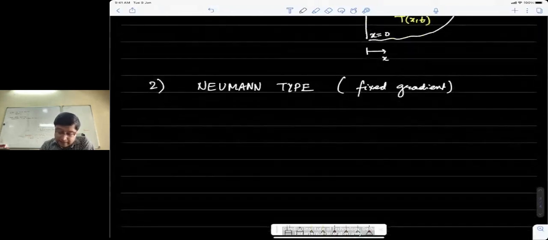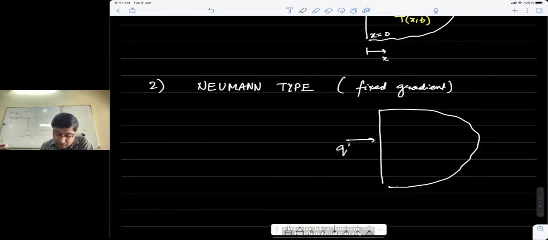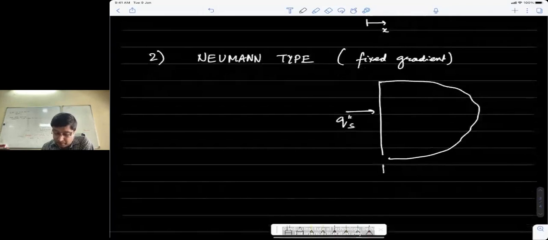Gradient would mean that, going back to the same sketch of that solid, let's say the flux on the surface is given. The value of the flux is given, which basically means that this flux will now dictate the slope of my solution from x equal to 0.